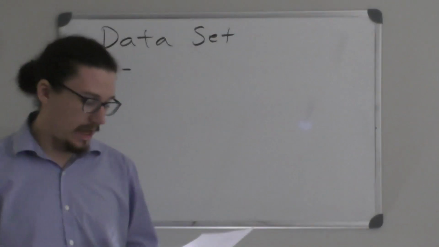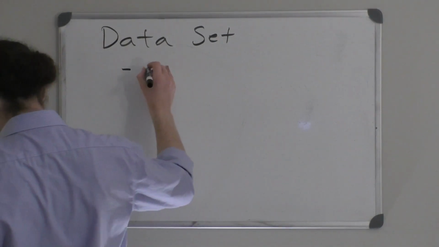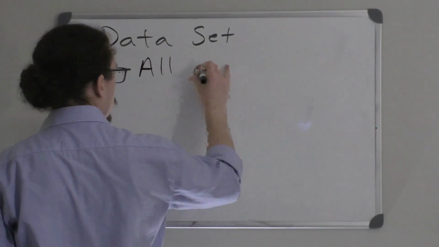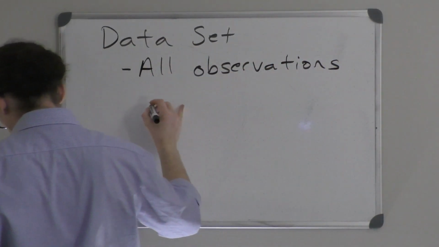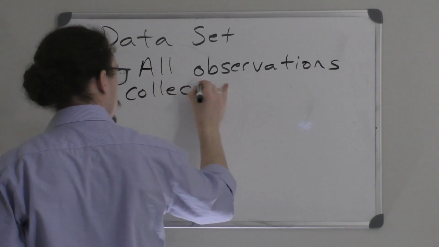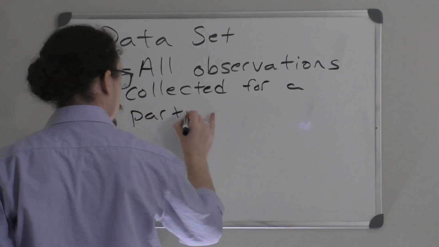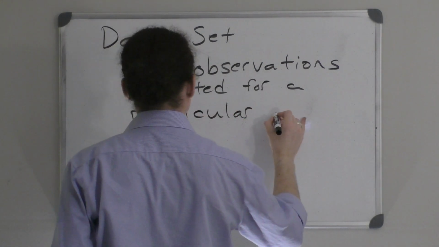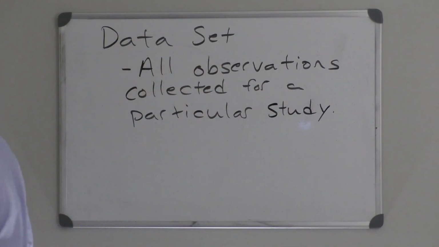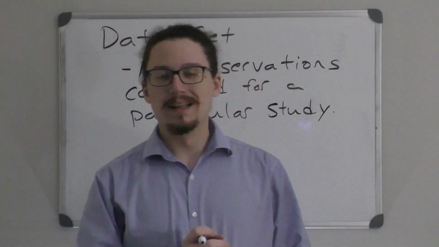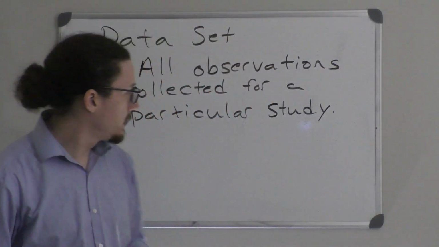The more formal definition is that it's all observations collected for a given study, or a particular study. That is what a data set is. It's just all of the data that we've collected put into one place.